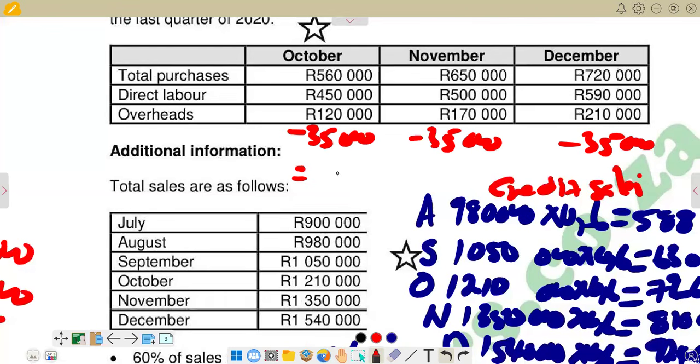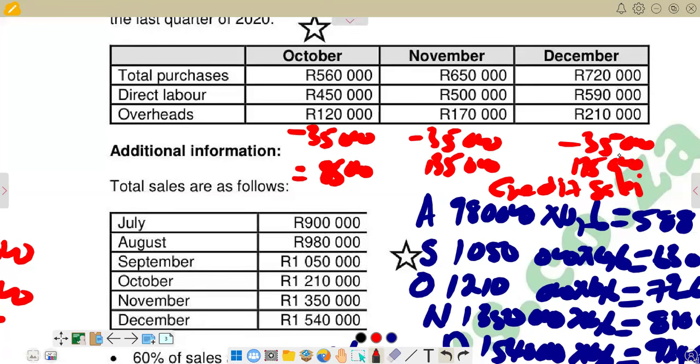So let's try to calculate that. 120,000 minus 35,000, we are supposed to get 85,000. Then 170,000 minus 35,000, we're going to get 135,000. Then 210,000 minus 35,000, let's see, you're going to get 175,000.